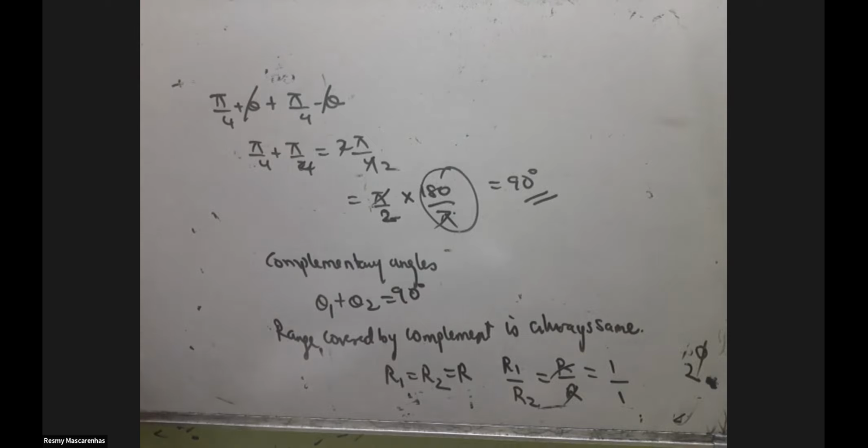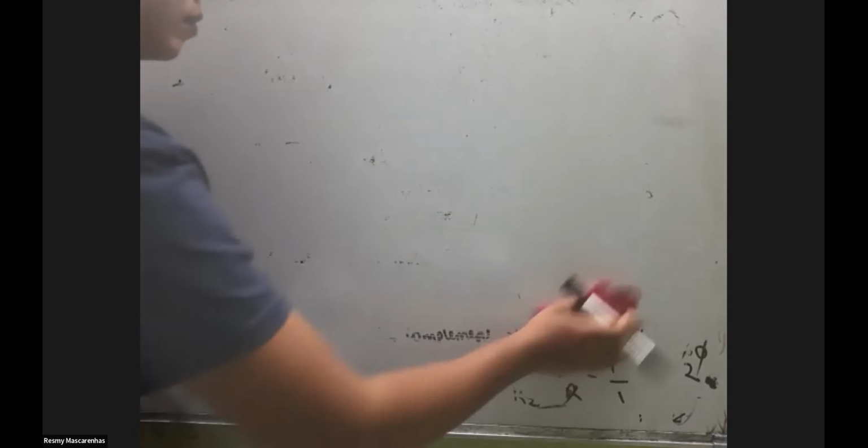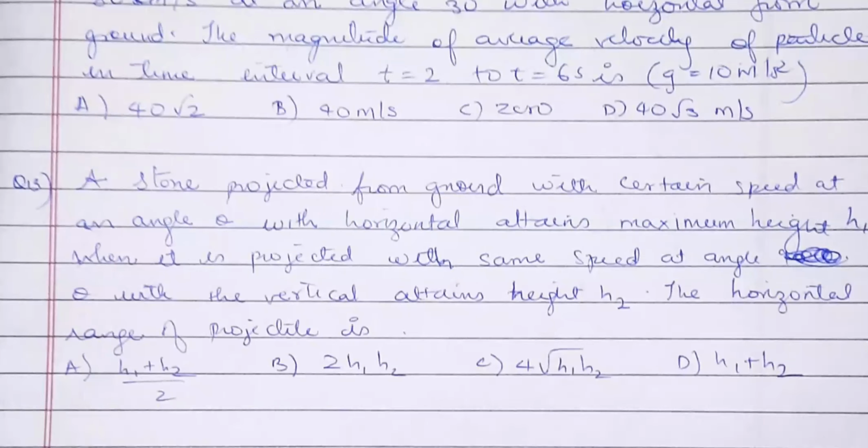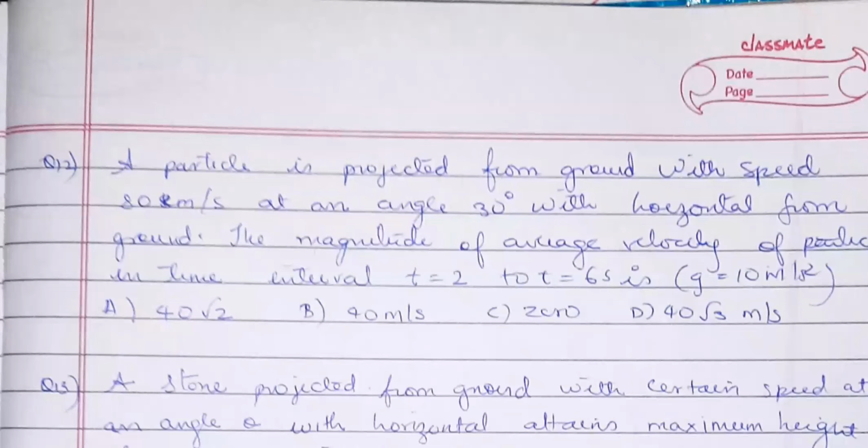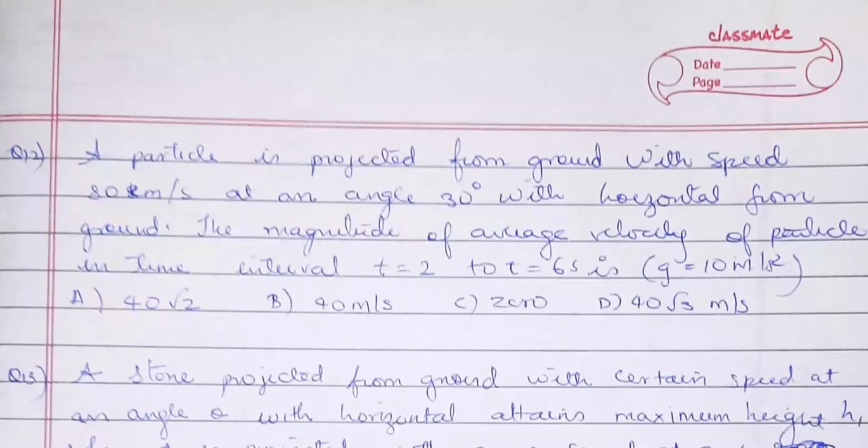Question number 12. A particle is projected from the ground with speed 80 meters per second at an angle of 30 degrees with the horizontal.